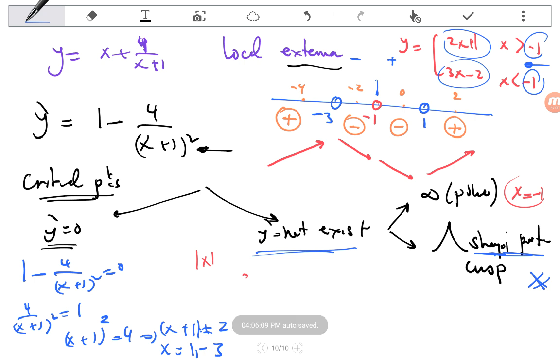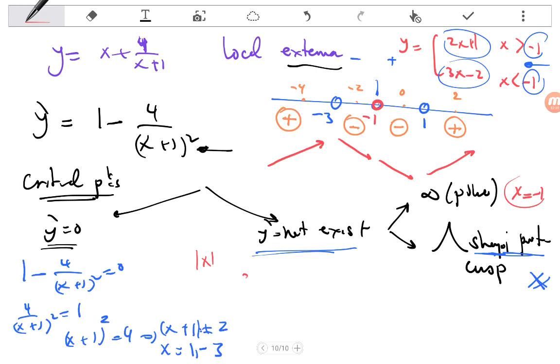No, remember, for a point to be a local maximum or local minimum, it must be in the domain of the function. This is not in the domain of the function, and that's why I put it in red. So it cannot be a local maximum or a local minimum.